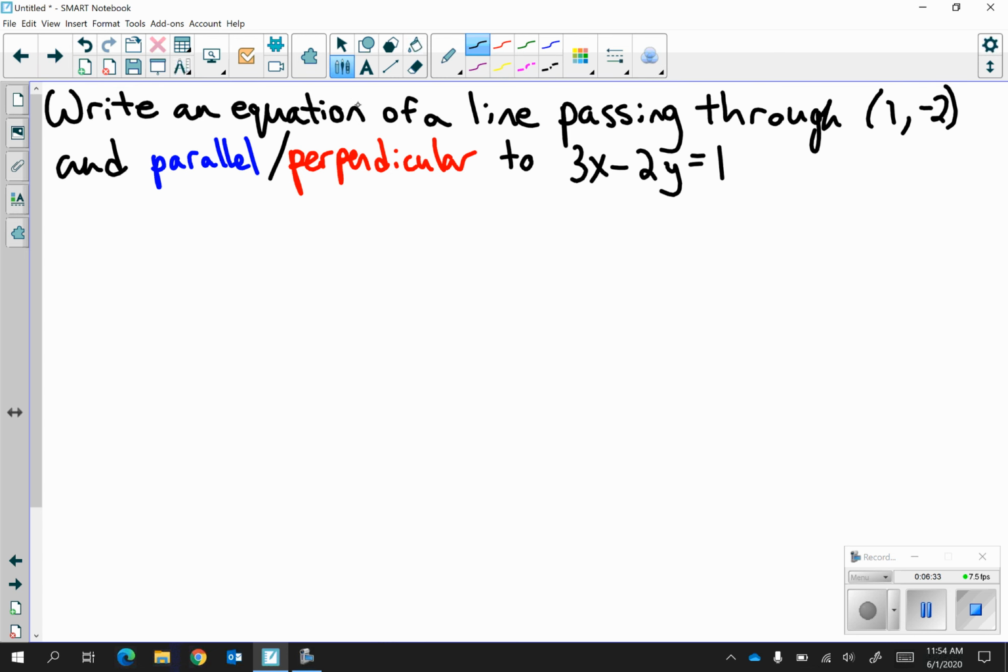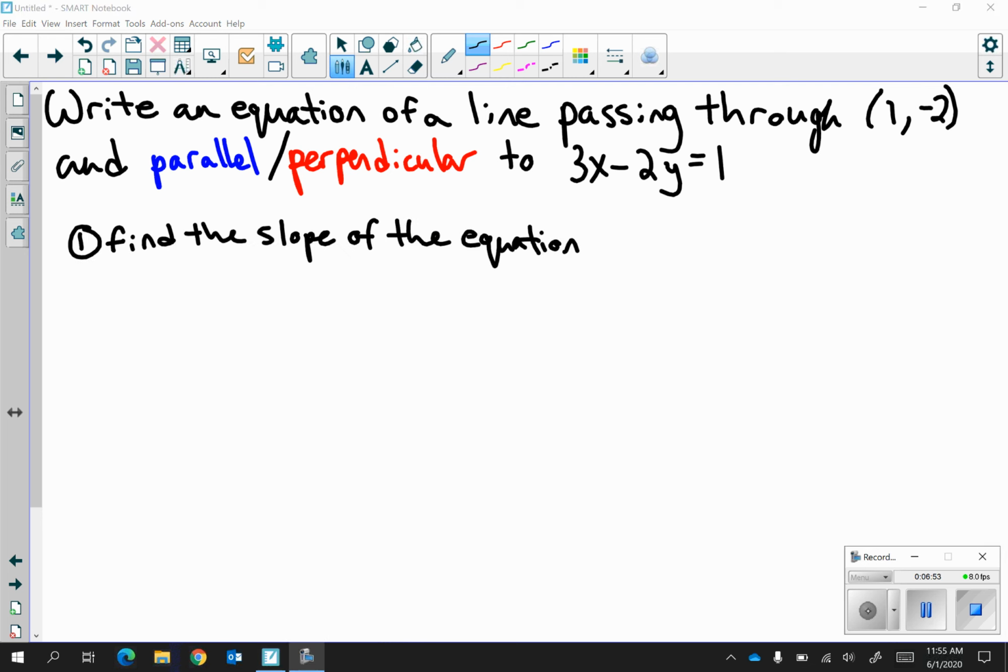So for the first one, you're still going to want to find the slope, but the difference is that you don't have 2 points to find the slope, you have an equation. So you want to take this equation and put it in slope-intercept form to figure out what the slope is. In other words, rewrite it as y equals.